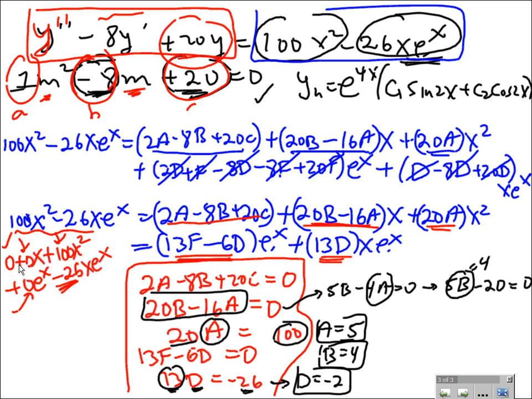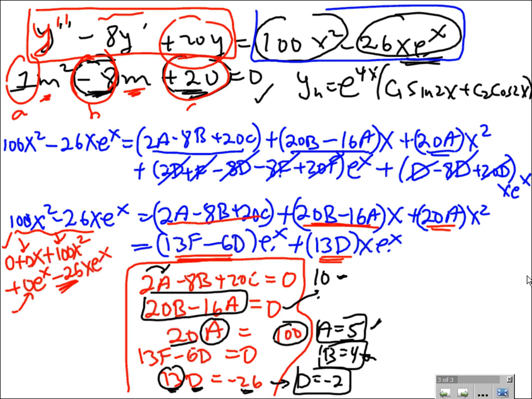Let's find c. Let's use the first equation. Let me get rid of this because I need the space. 2 times a, since a is 5, 2 times a is 10, minus 8b's. 8 times 4 is 32, plus 20c is 0. Well, this is negative 12. Negative 12 plus 20c is 0.